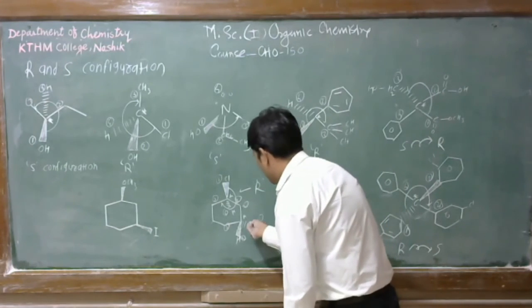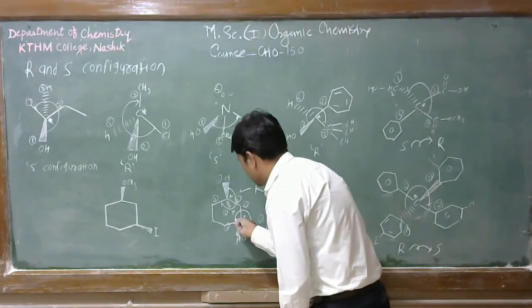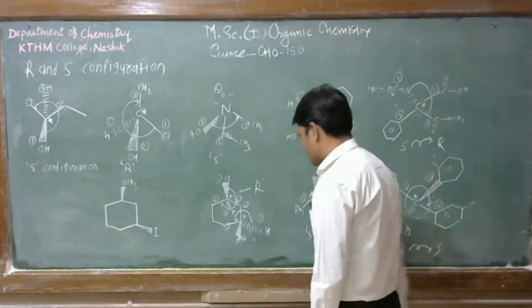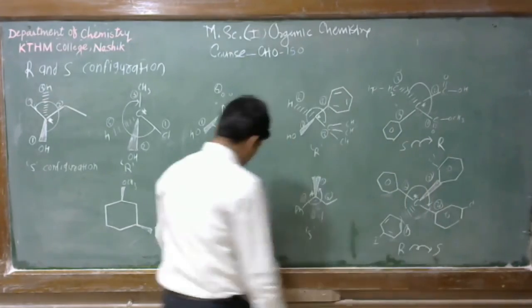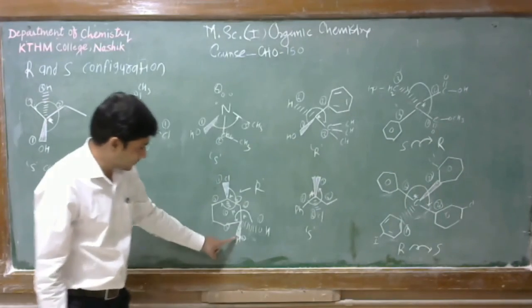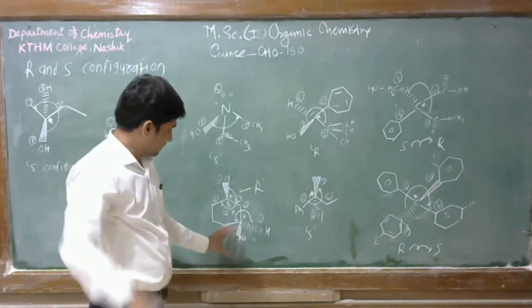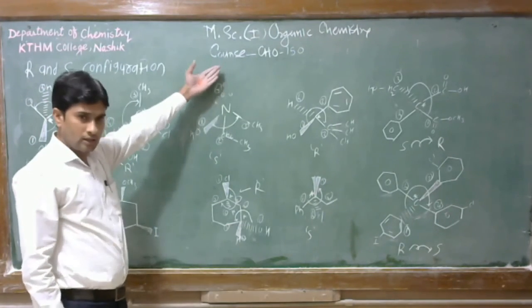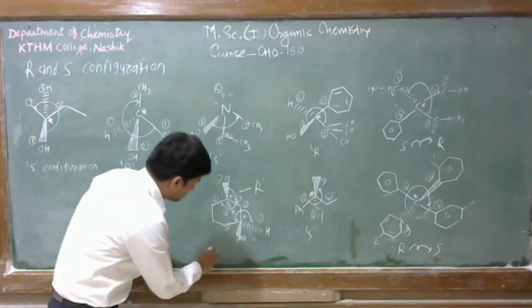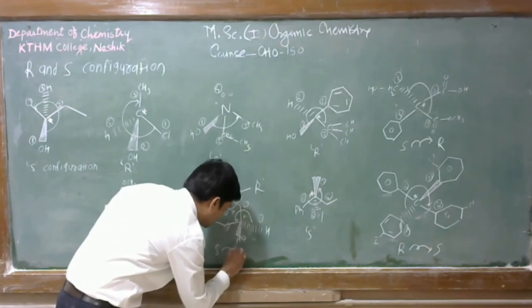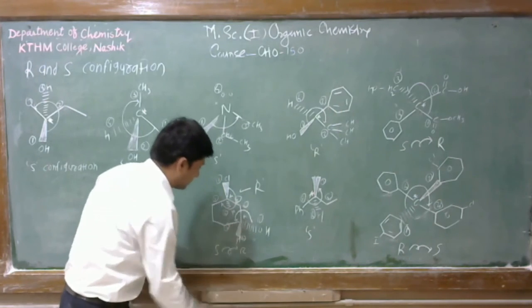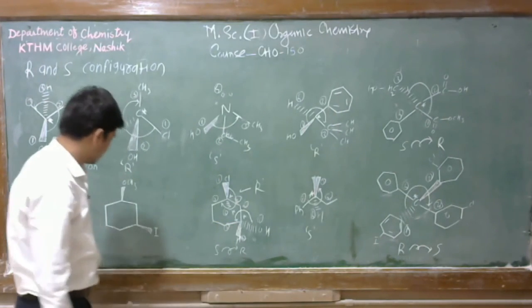So we move from 1 to 2 and 2 to 3 by the anti-clockwise direction. But in this case, the least priority group is above the plane, in front of the plane, but it should be toward below the plane. Therefore, the configuration changes from S to R. So this carbon has R configuration.